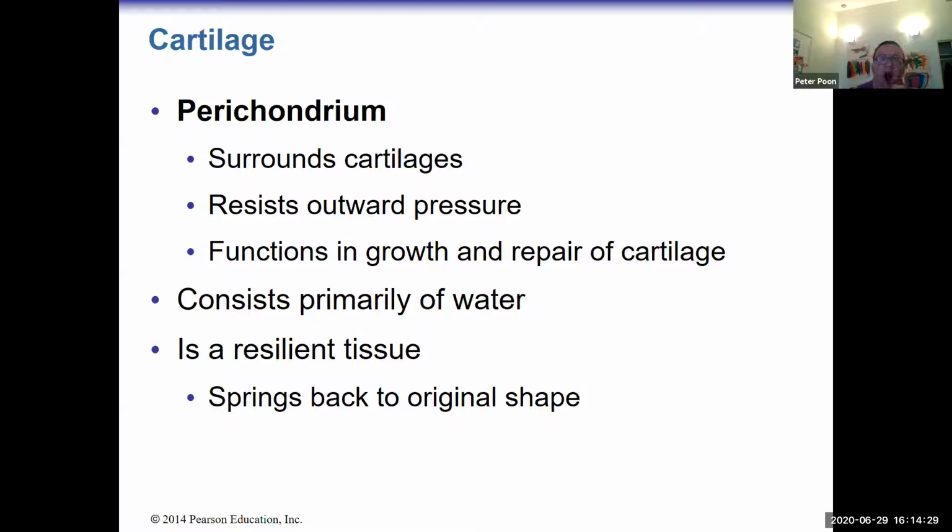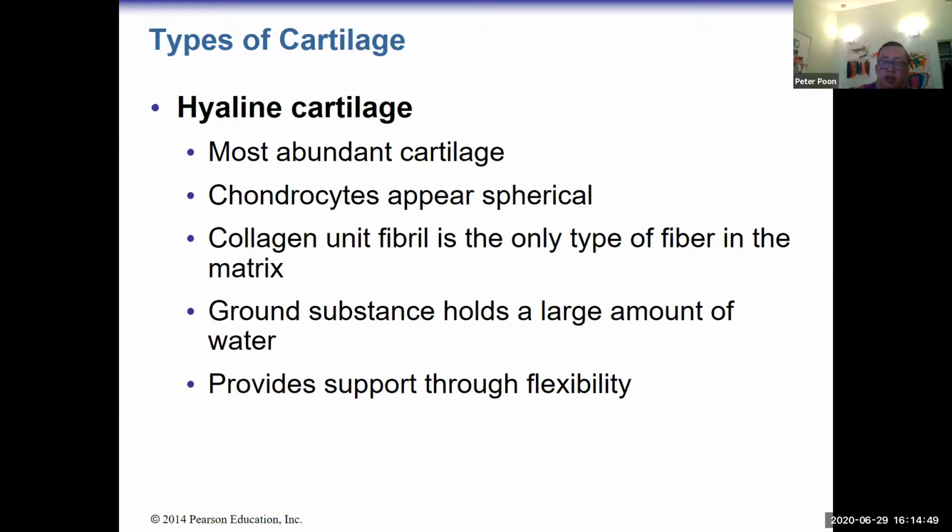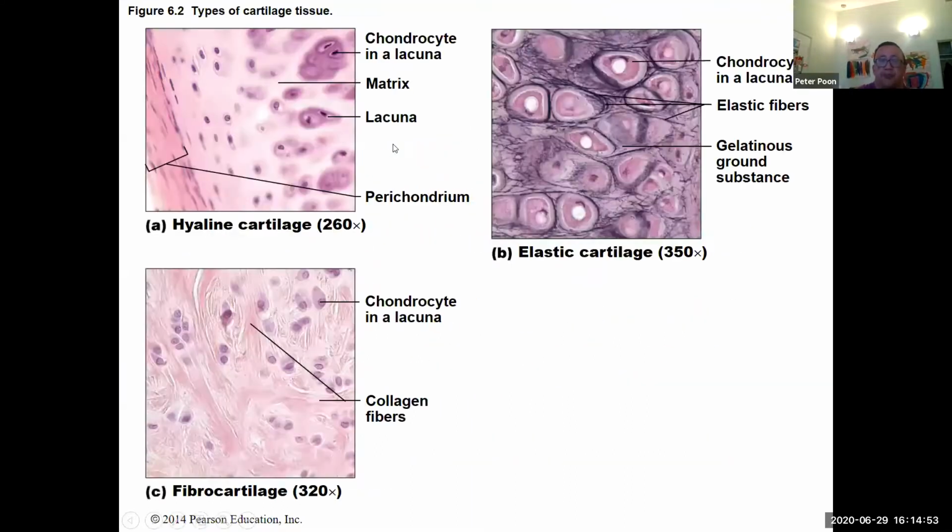Cartilage is primarily water, about 80% water, and it's resilient, so it springs back to original shape after you compress it. All cartilages have something called a chondrocyte. The chondrocytes are located within the lacuna, and you can see the 3 different types of cartilage here.